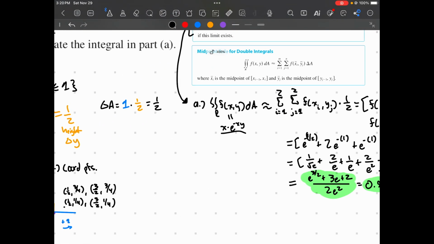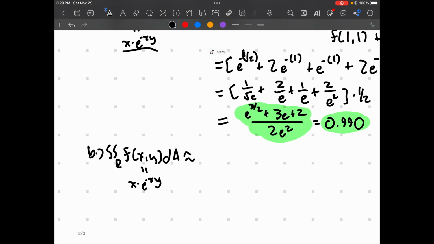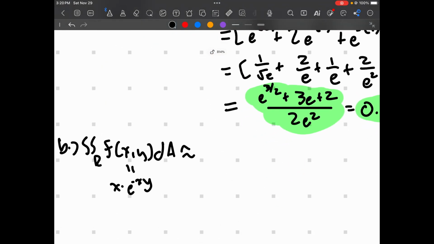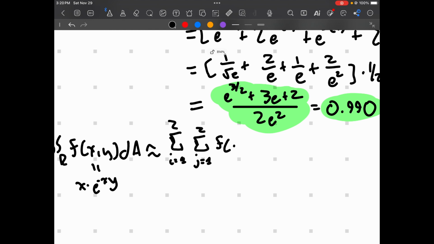And we're going to plug this into our midpoint rule here, so that the double integral of our function can be approximated by the summation of i equals 1 to 2, and the summation of j equals 1 to 2 of f of x bar sub i, y bar sub j times 1/2.